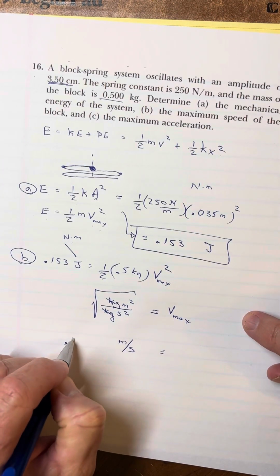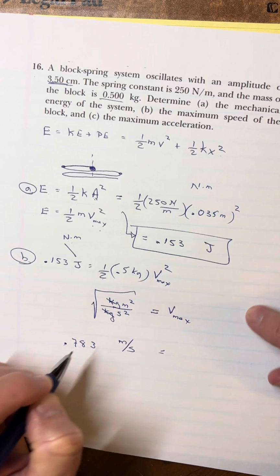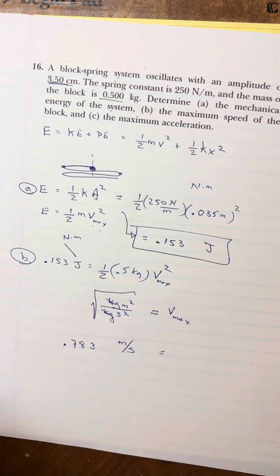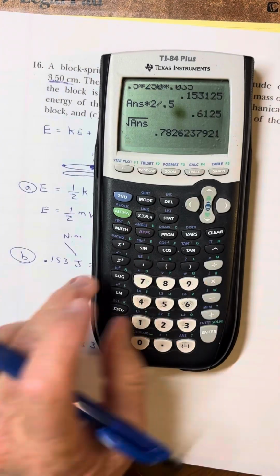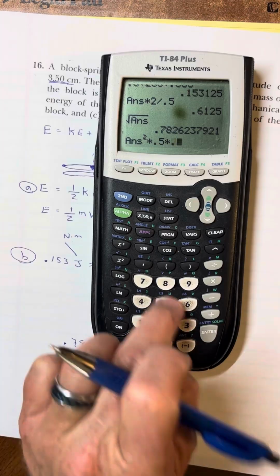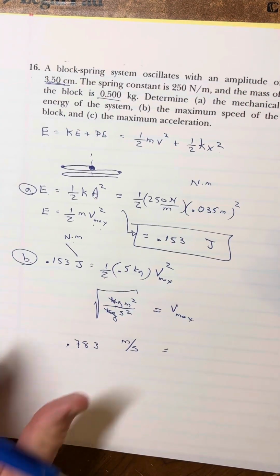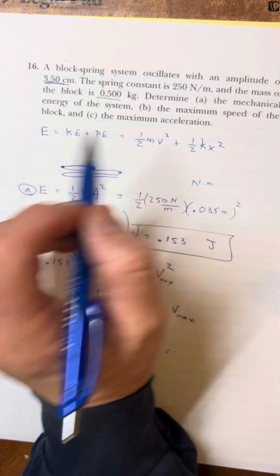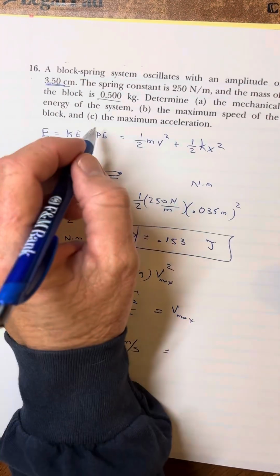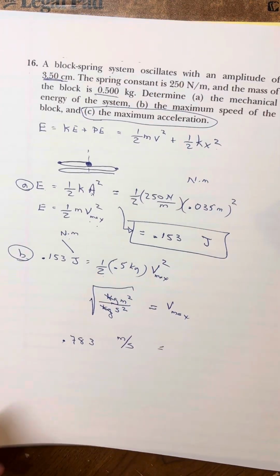So 0.783 is the maximum speed. V squared times m times 1/2, let me just double check that. Yeah, and that gives me the same energy. So that's the maximum speed. And then this one, what's the maximum acceleration?